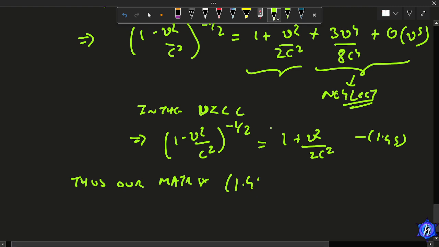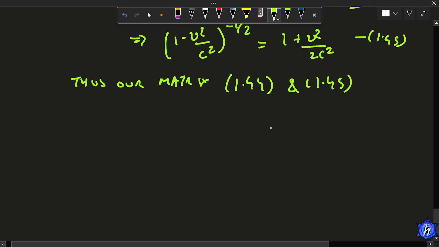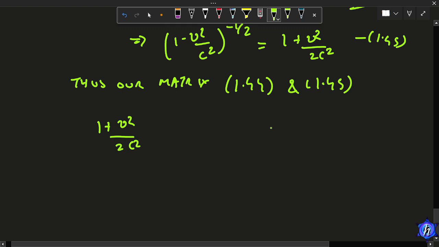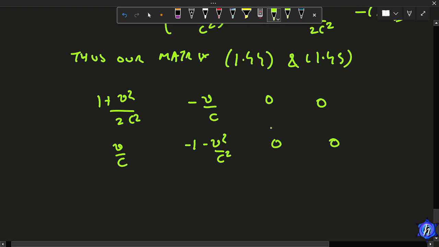So our matrix 1.44 can be written using equation 1.45 as 1 plus v square upon 2c square, minus v by c, 0, 0; v by c, 1 minus v square by 2c square, 0, 0; 0, 0, minus 1, 0; 0, 0, 0, minus 1.